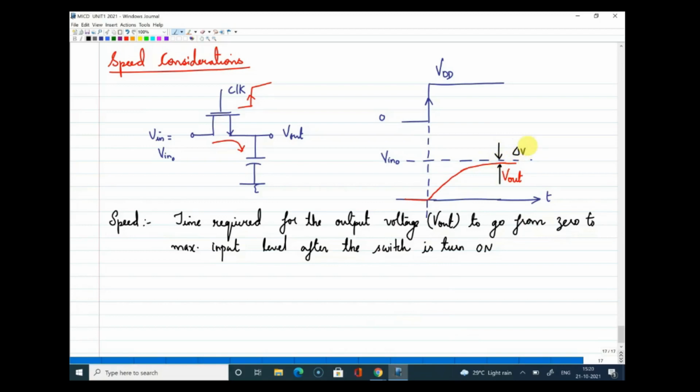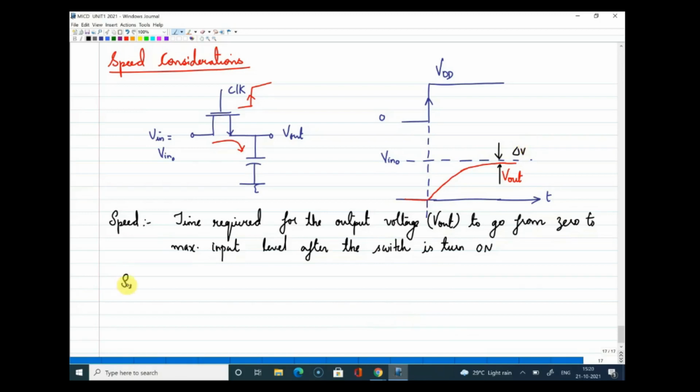I can mark it as some delta V, which can be considered as a small error voltage because the output did not reach the final value of the input, but it is very close to the final value, right? So we usually consider that the output is settled if the output is within a certain error band.